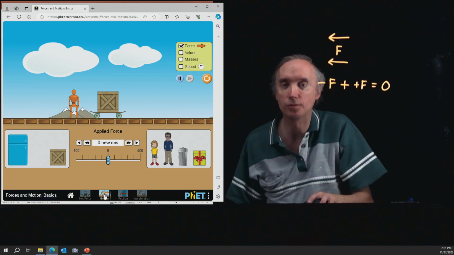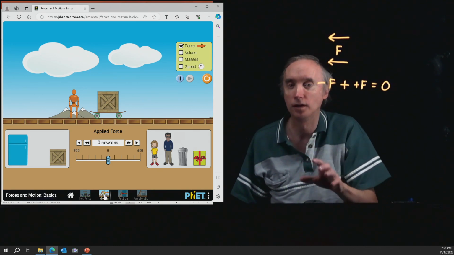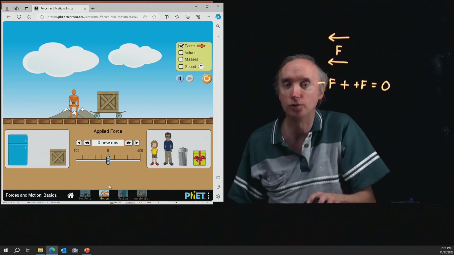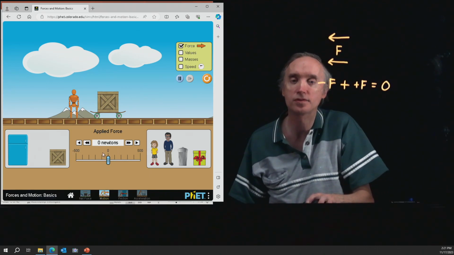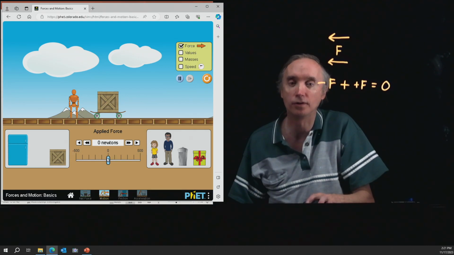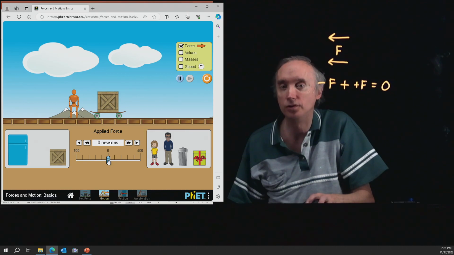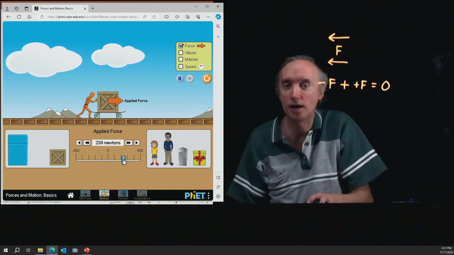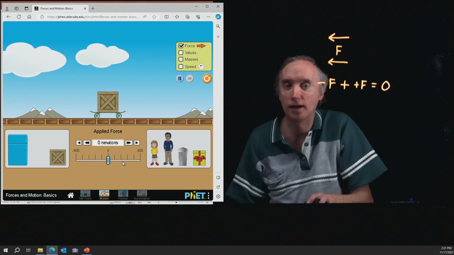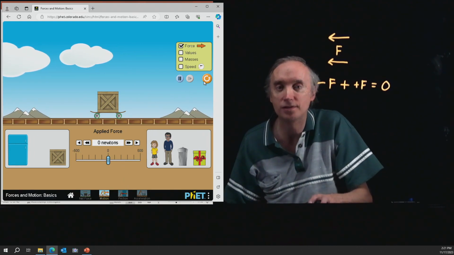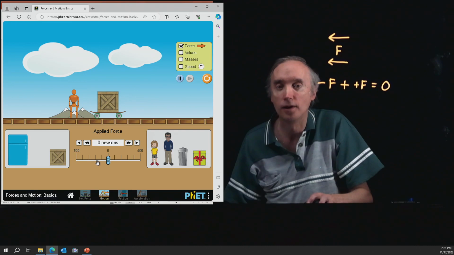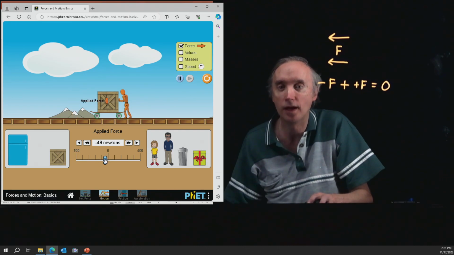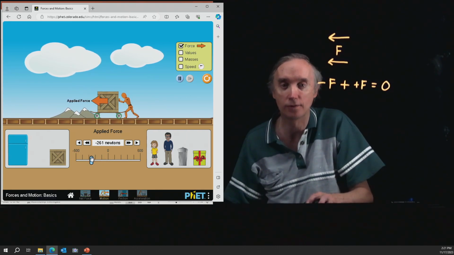So I clicked on this one, and now we've got a cart here that you can push on. And so when you take this slider down here and you move the slider, you can apply a force. So you can apply a force in this direction, so that's a positive force, and so again we can hit the reset button, which is up here, and we could also apply a force in that direction.